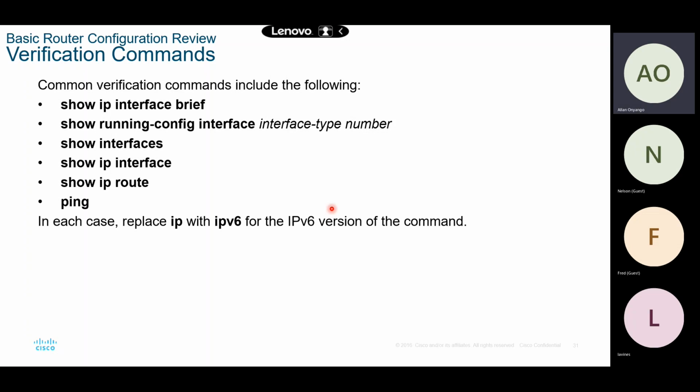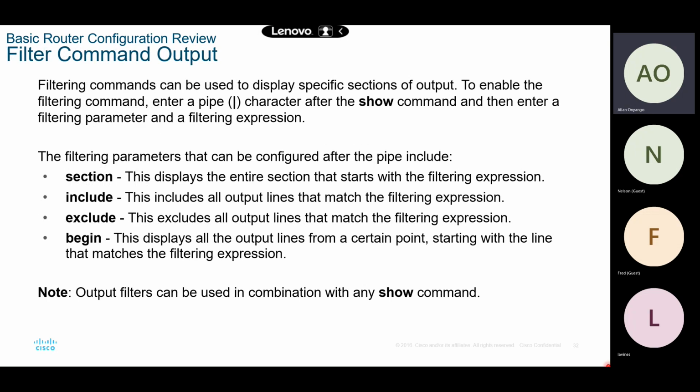And a bit of show commands here: show ip interface brief, show running-config, show interfaces, show ip route. We're going to use show ip route a lot to view the routing table. These are a couple of verification commands that we are seeing here. Having seen this, we also have these filter commands.